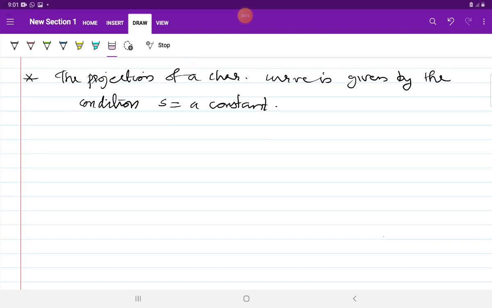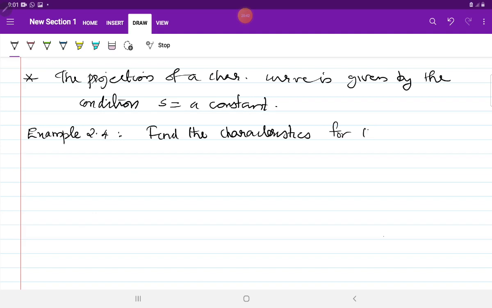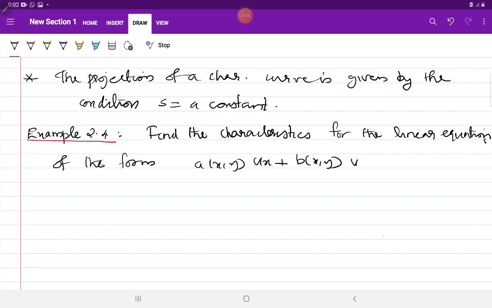In any of these two methods, we can adopt the possible one and find the characteristics. For example, find the characteristics for linear equations of the form a of x,y u_x plus b of x,y u_y equal to 0.